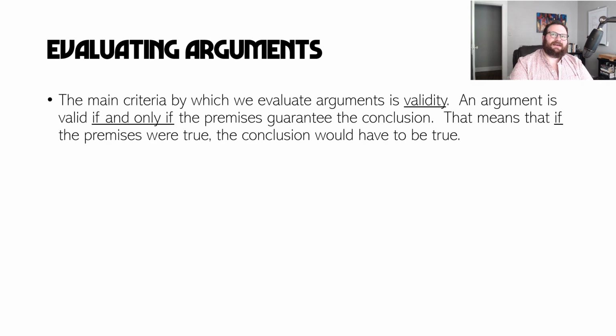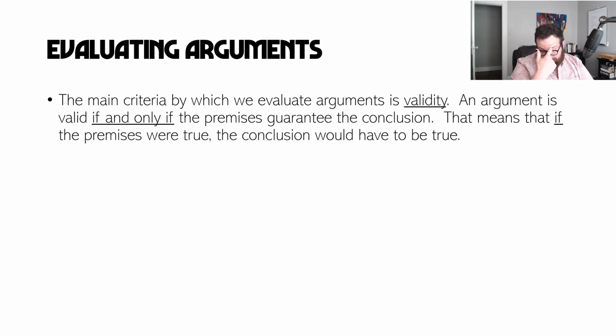So within the scope of this class, the primary method by which we're going to be evaluating arguments is going to be testing them for validity. So validity is a crucial concept. In fact, it might be the most crucial concept that you will learn in this class altogether, right? So you really need to get this one.